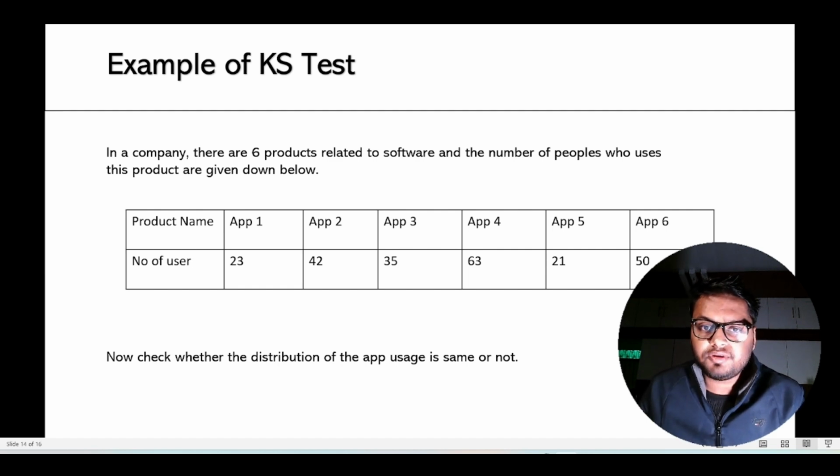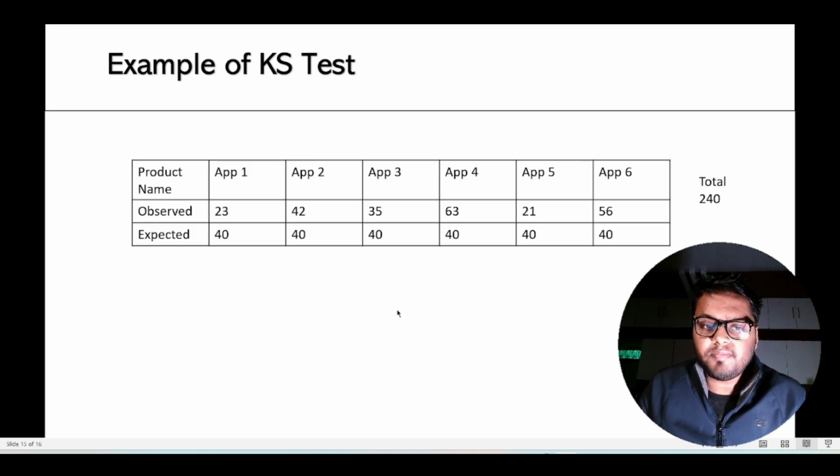So my null hypothesis will be that they are having a normal distribution, and my alternate hypothesis will be that they do not have any normal distribution. So this is my table. The observed value will be given to us, and the expected value for all of them is going to be the same, where overall is 240.